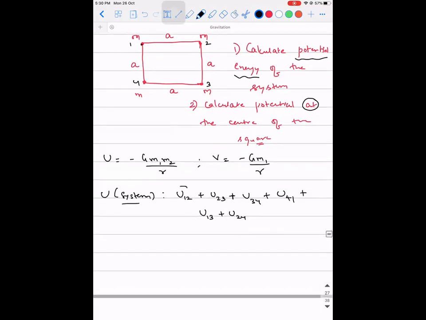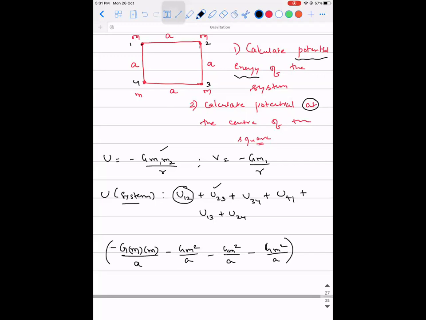Right? So what is the potential energy between 1 and 2 according to this formula? It is minus G into, what is the mass present at 1? It is M. Mass present at 2 is also M, divided by, what is the distance of separation between them guys? A. Right? Between 2 and 3, same thing, minus G M square by A. 3 and 4, same thing. 4 and 1.